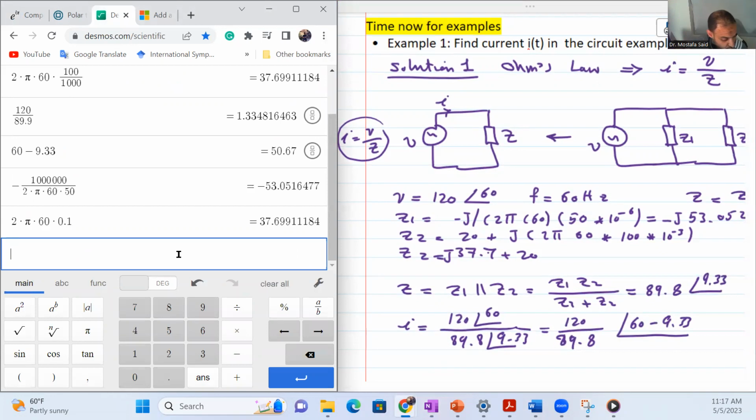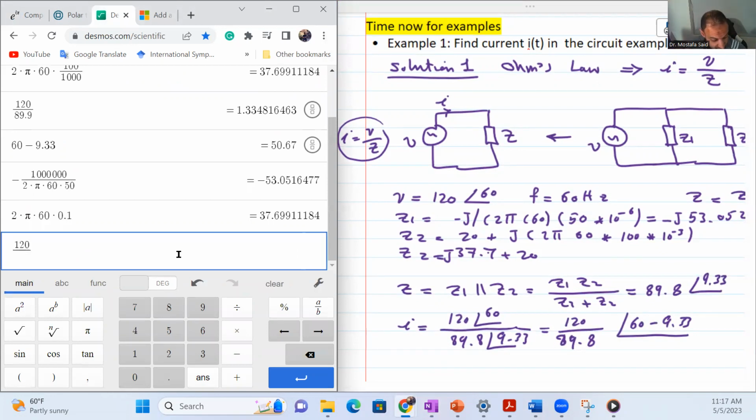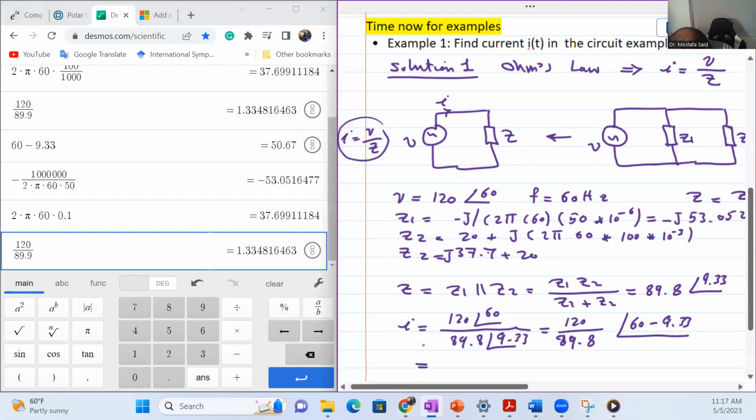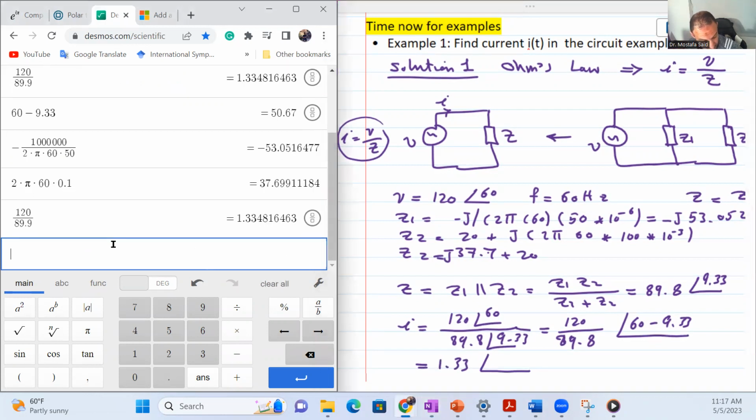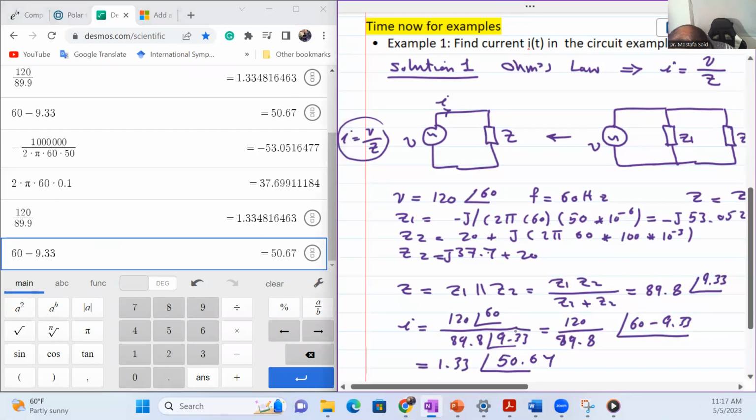We can do that very quickly. 120 over 89.9 and that will be 1.33, and the angle is 60 minus 9.33. That's very simple. 50.67. Very nice.